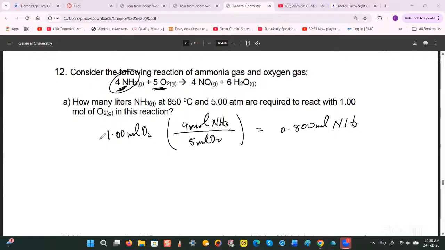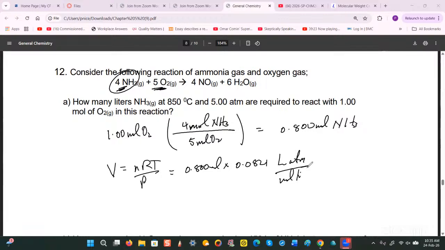Then what I would do is use the ideal gas equation to find the volume. So if we rearrange the equation, we're going to get V is equal to nRT over P, all right? n would be what we just calculated here, 0.800 moles multiplied by R, which is 0.0821 liters atmospheres over mole Kelvin times the temperature.